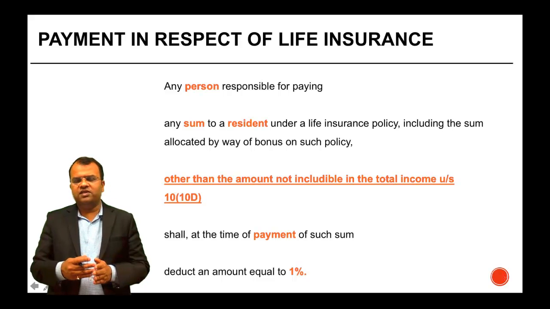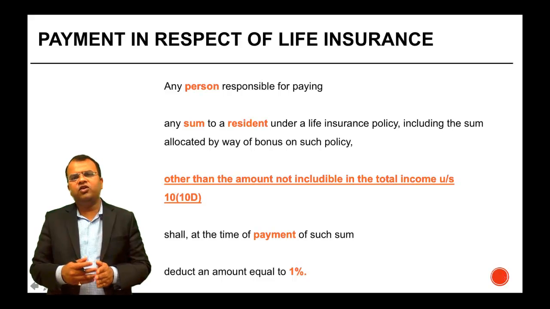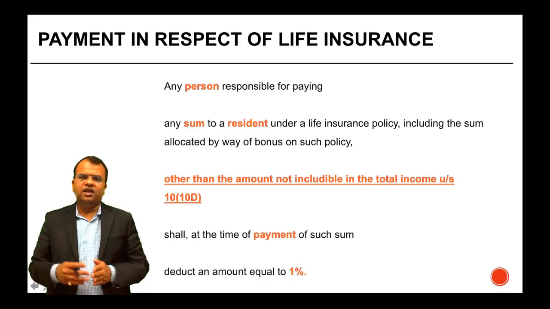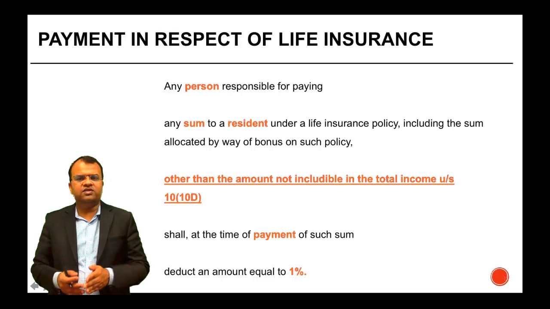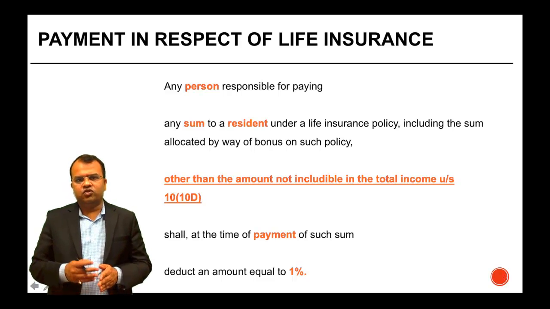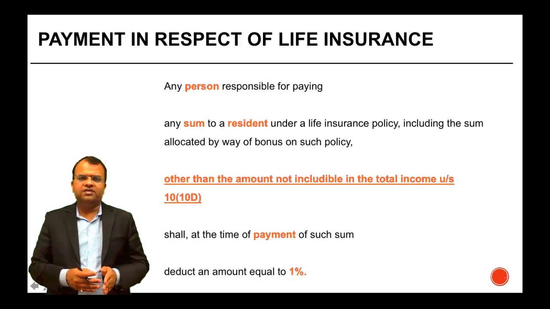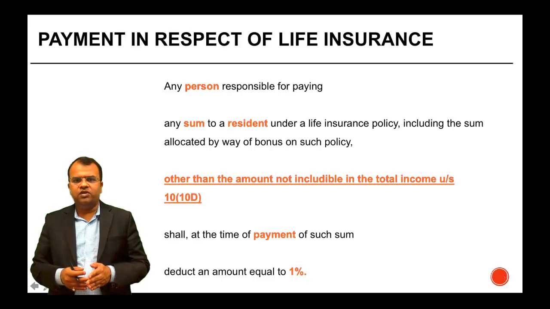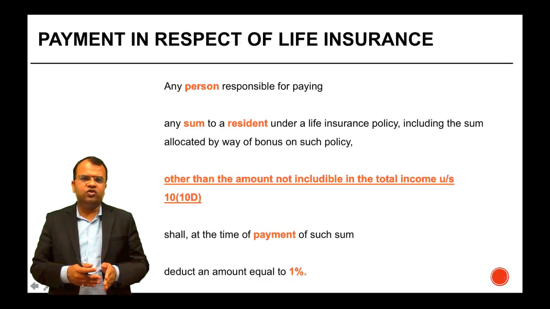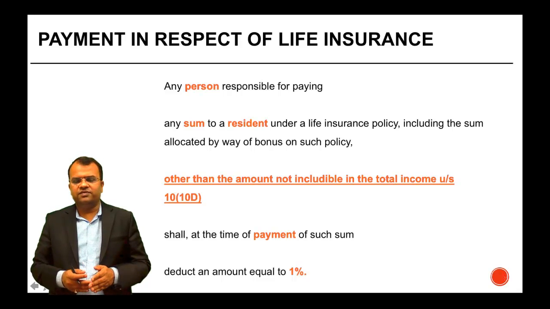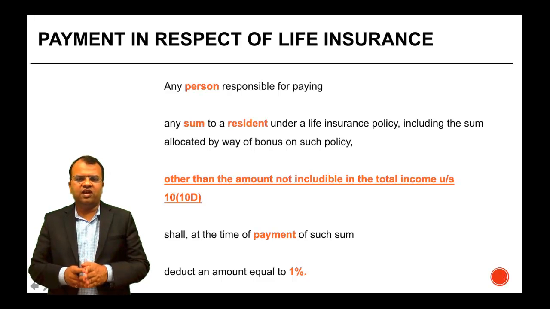So in every policy, there could be two kinds of payment which could be made. I would not say every policy, but depending on the nature of policy. One could be a principal sum assured. The other one could be some bonus that he might be receiving under a policy. So if there is a person, whether a resident or a non-resident, who pays any sum under a policy, which could be the principal sum assured or the bonus, to a resident, other than the amount not includable in total income under section 10, subsection 10D.